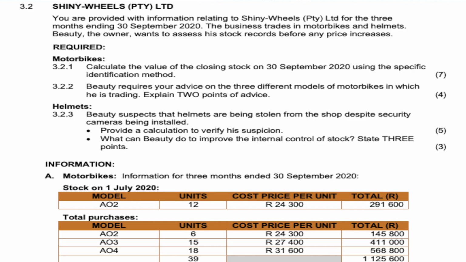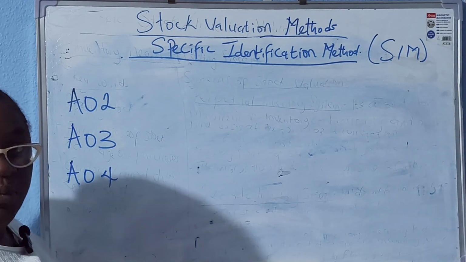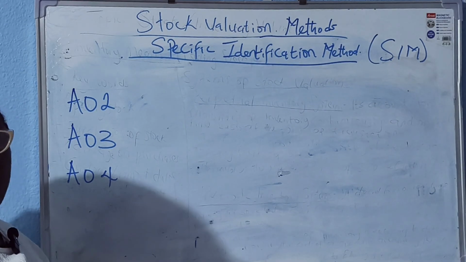This business trades in 3 models of motorbike: the A02 model, the A03 model, as well as the A04 model. Now, we are going to be considering the number of stock we have in each of these models, how many are available and how many were sold.